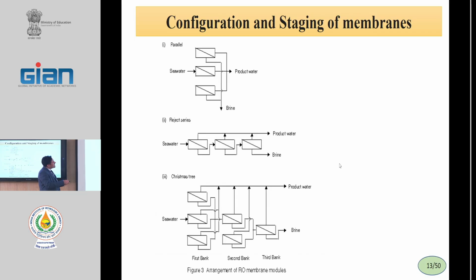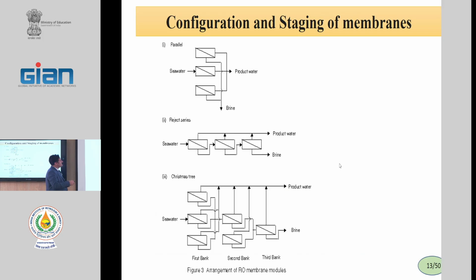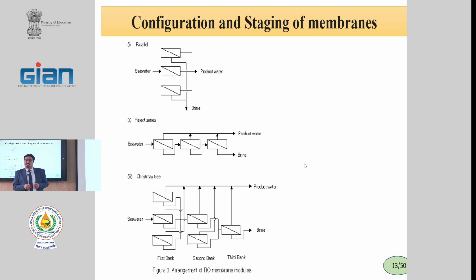And in this case, we will have very concentrated solutes with high concentration of salts, and we must treat this brine for separation of salt. Usually, sedimentation is used for this purpose.